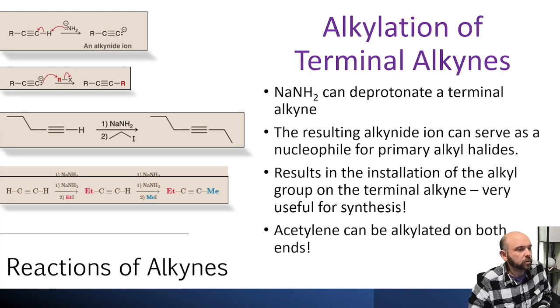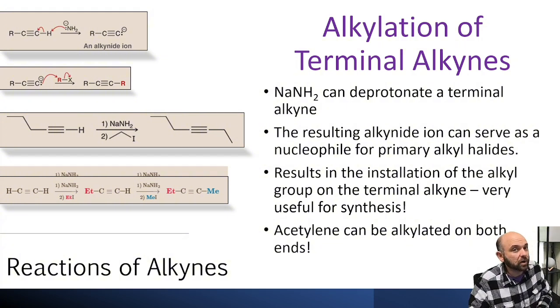And at last we come back around to that alkynide ion, which affords us perhaps one of the most useful reactions that we've studied yet in organic chemistry, and that is a way to lengthen carbon chains. So that alkynide ion that's made by stripping that last proton from a terminal alkyne can be used as a nucleophile in a substitution reaction with a primary alkyl halide.